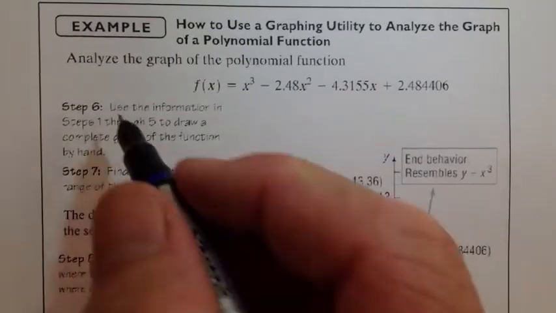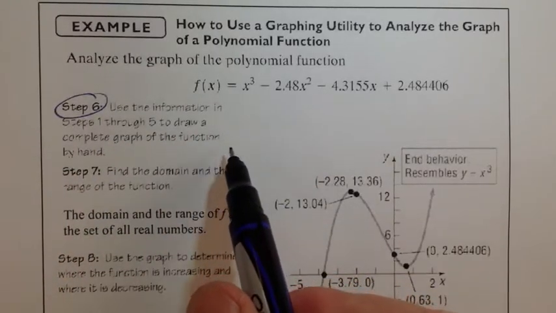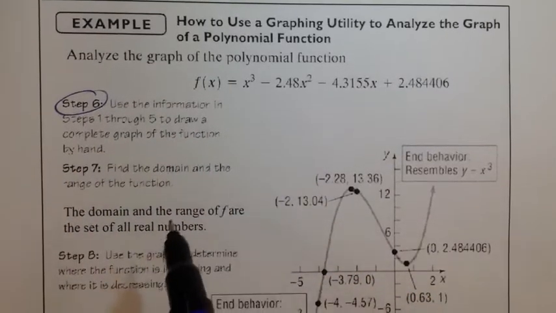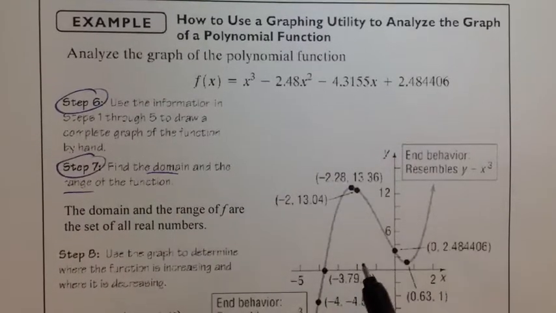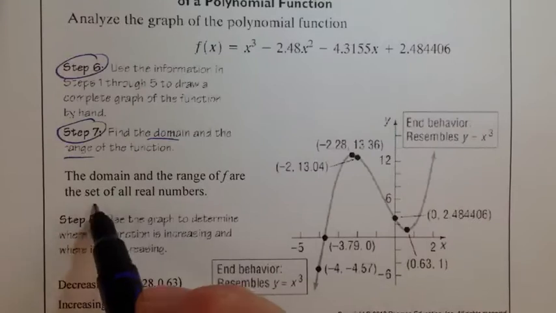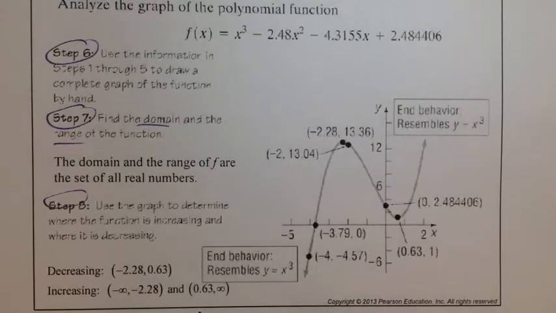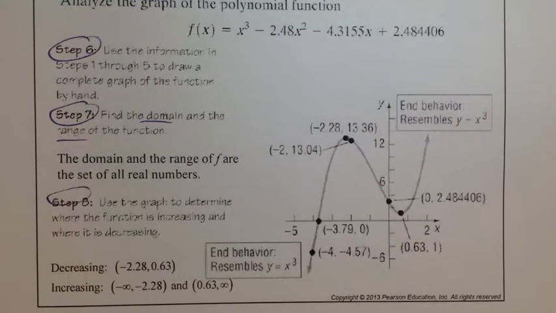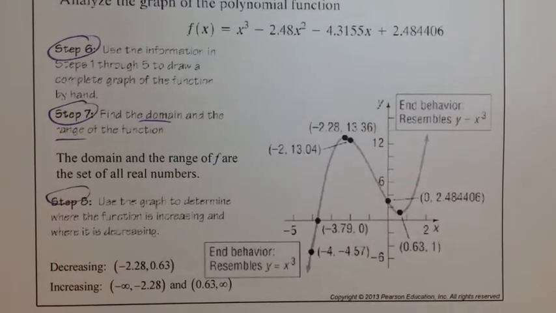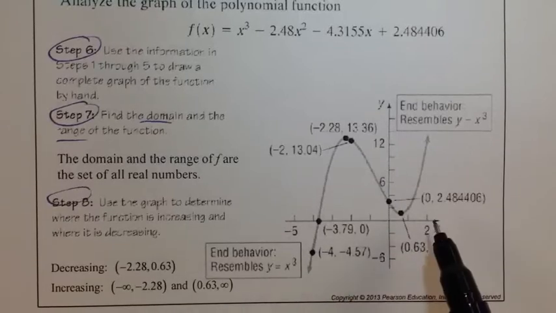So still, step 6, use the information in steps 1 through 5 to draw a complete graph of the function by hand, find the domain and the range of the function, and then also step 8 would be use the graph to determine where the function is increasing and where it is decreasing. Okay, and so we'll have a group challenge during the next class where you have to completely analyze a graph just like you see here.